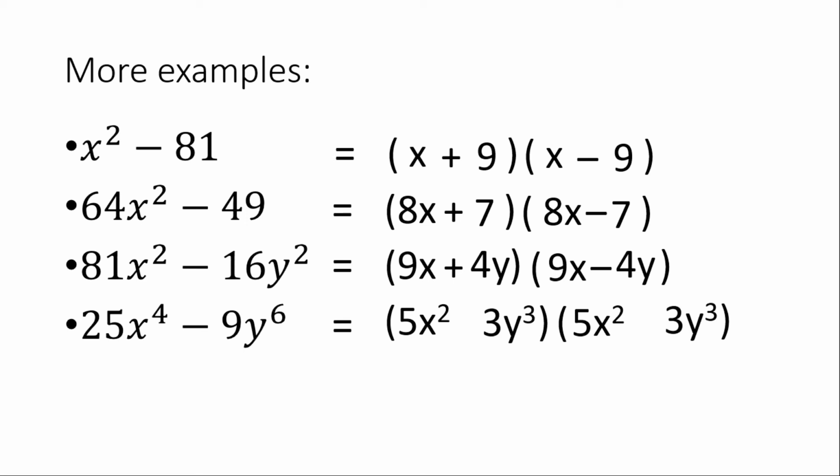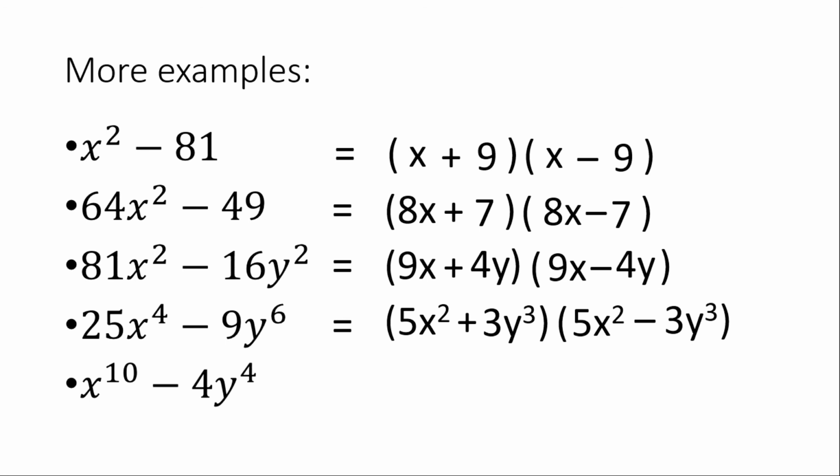That's 3y to the 3rd power. Express this as the sum and difference of the two terms. So therefore, we have 25x to the 4th power minus 9y to the 6th power is equal to 5x squared plus 3y cubed times 5x squared minus 3y cubed.